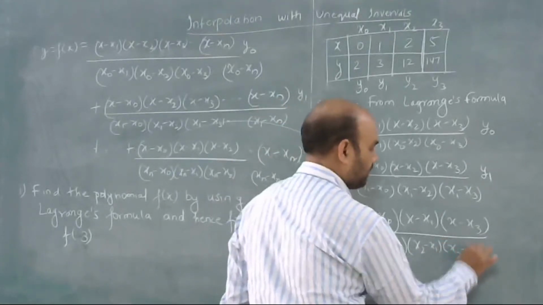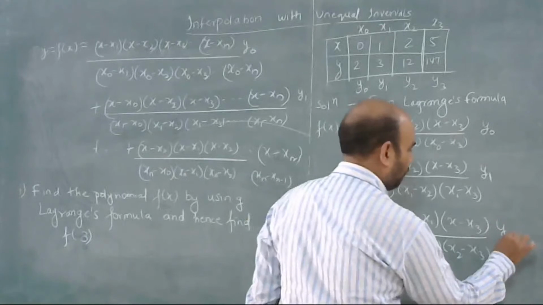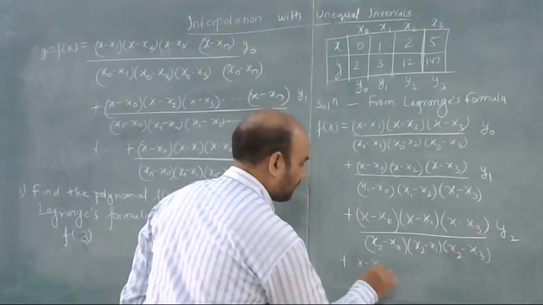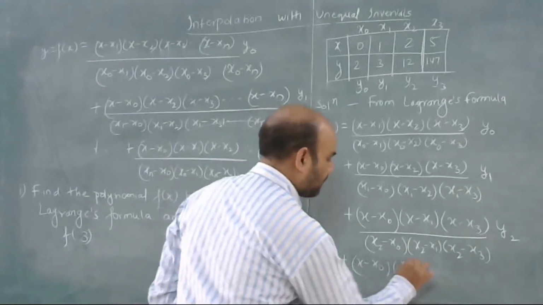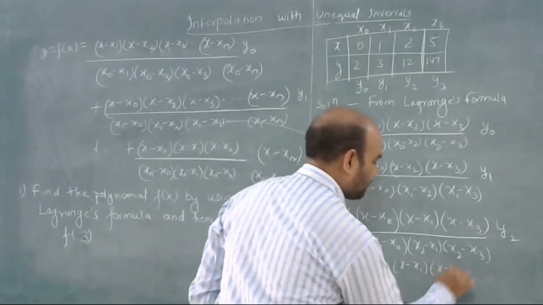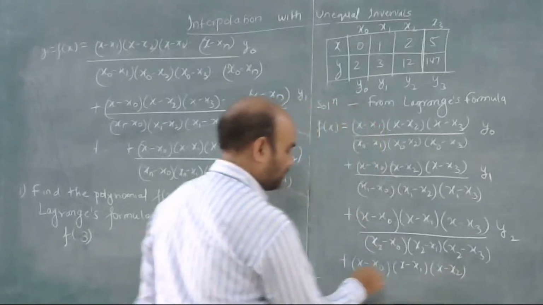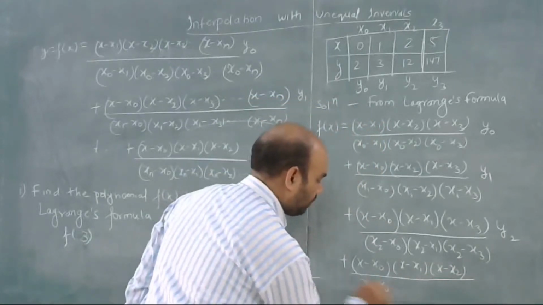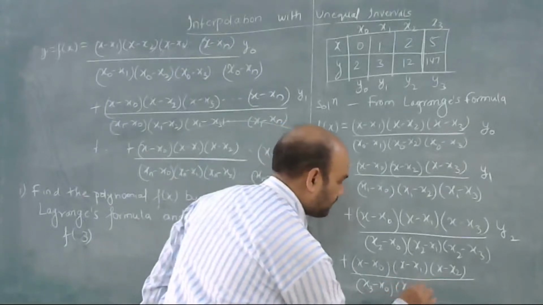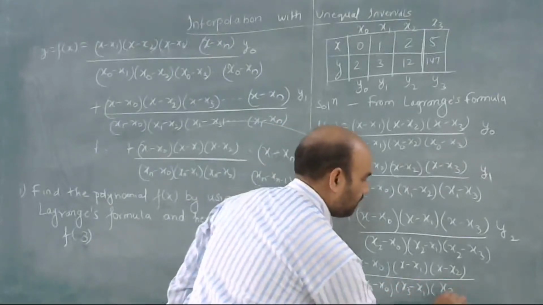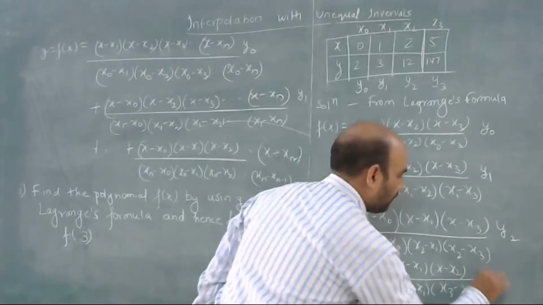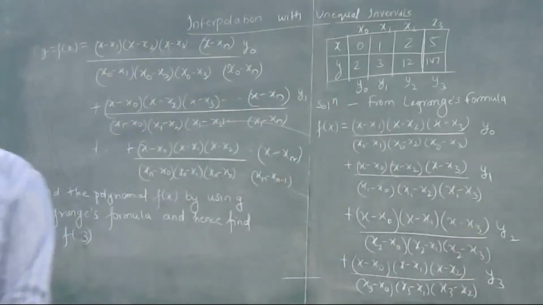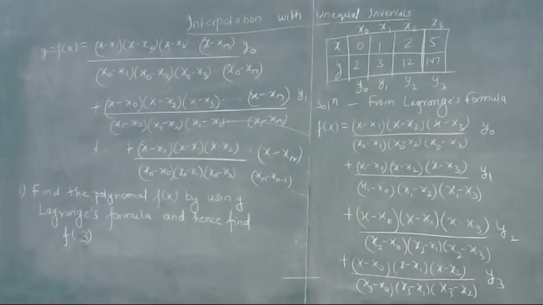This will be (x2 − x3) into y2. And the last term: (x − x0)(x − x1)(x − x2), there will be no x minus x3, all divided by (x3 − x0)(x3 − x1)(x3 − x2). In this manner you have to write the formula.